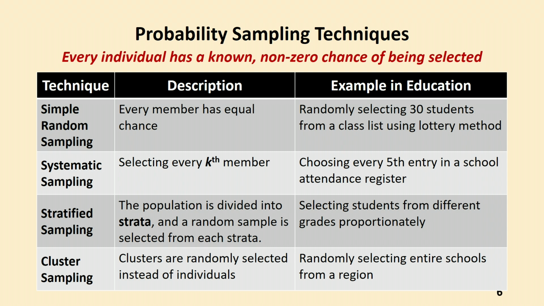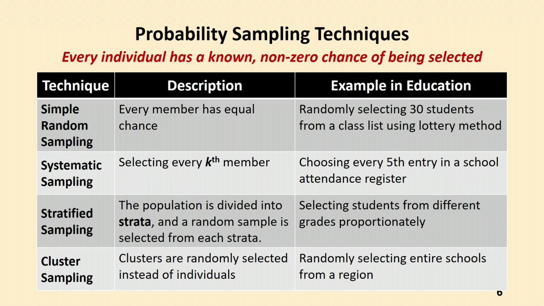Systematic sampling: selecting every kth member, for example choosing every fifth entry in a school attendance register. Stratified sampling: the population is divided into strata and a random sample is selected from each stratum, for example selecting students from different grades proportionately. You can see here a relationship between different techniques and their examples, and the different kind of sample that each sampling yields.